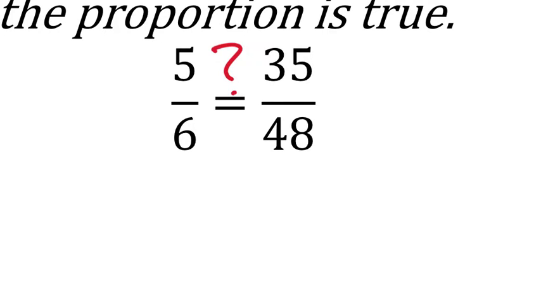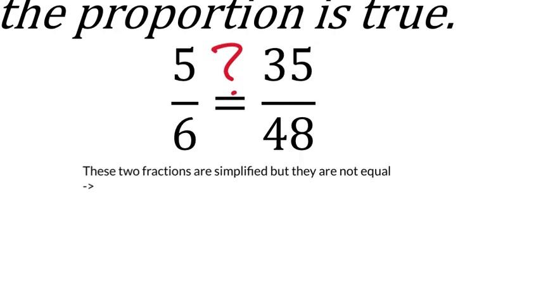And since we're looking at these, they're both the most simplified, but they are not equal. So this tells us that these 2 fractions are not proportional, okay? So they have to be equivalent to be proportional.